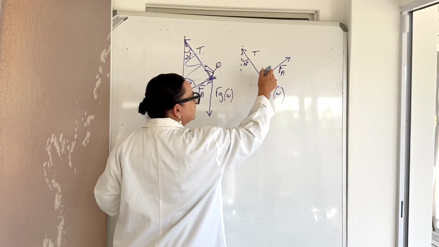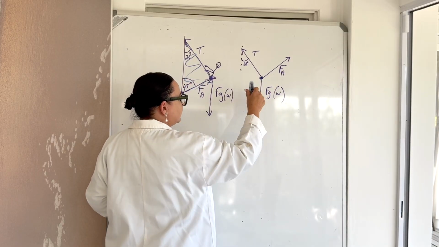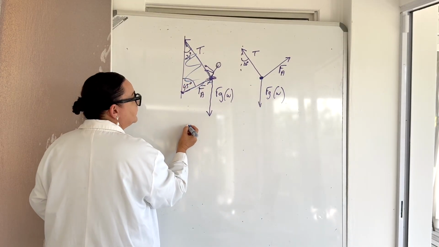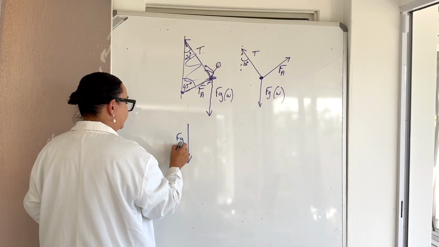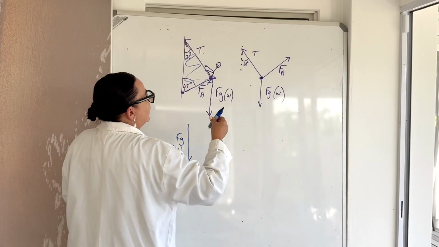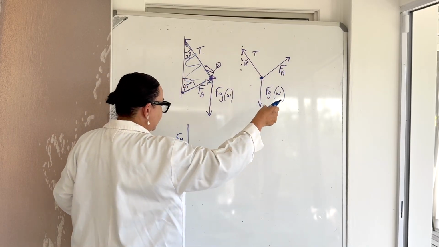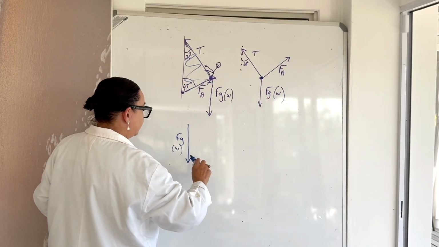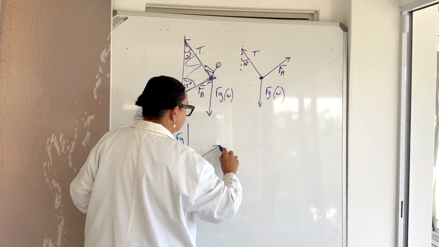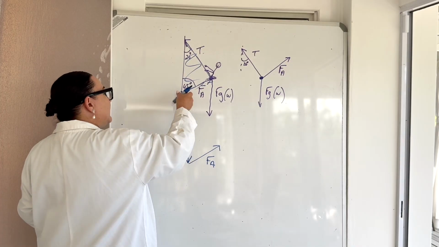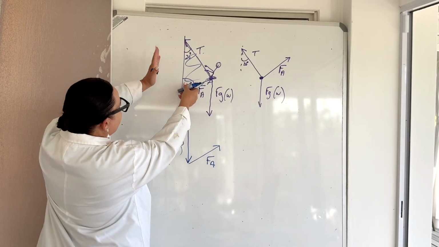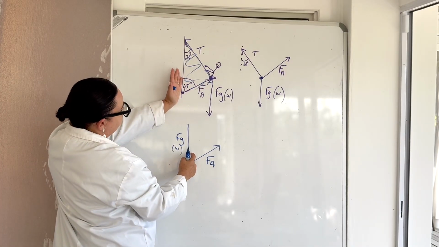From our force diagram, the only thing I'm now going to do is move them. So there's my Fg going down, gravitational force. I have to bring this and add it on here. So it's going to go up to there and it will be my Fa. But now I have to figure out what is the angle here.